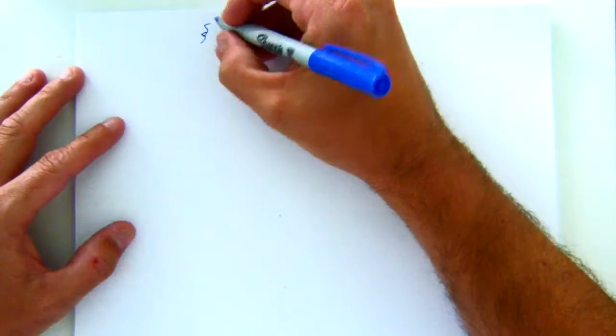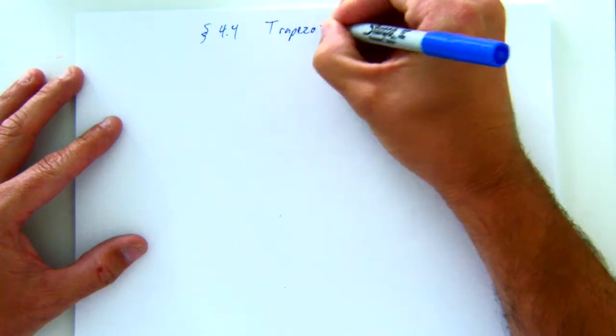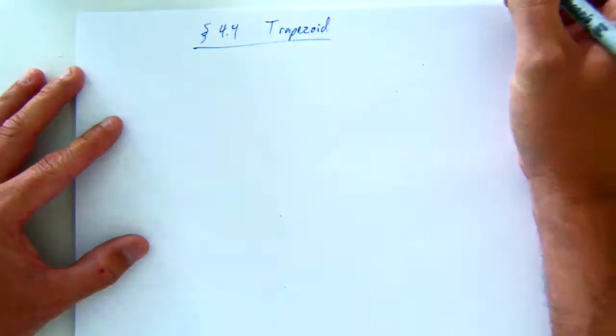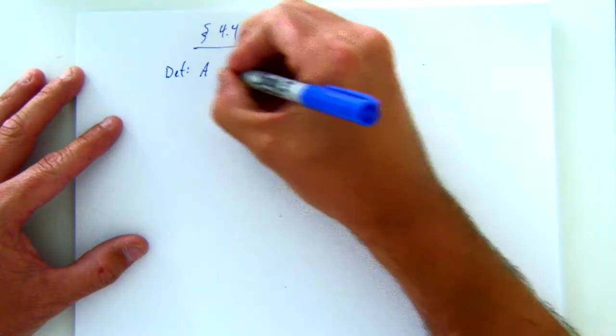Finally, for chapter 4, we finish off with the trapezoid. We define a trapezoid.